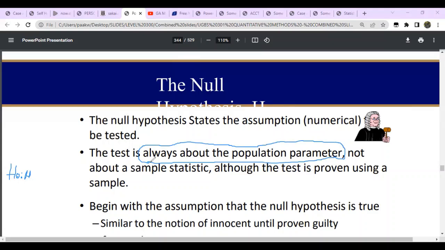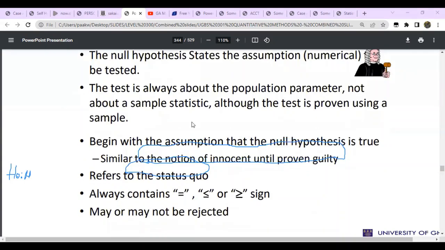That's why we represent it with mu, not X bar, not a sample statistic. The sample statistic is what you represent with S bar. So we always represent with mu, not S bar. Although we prove the null hypothesis using a sample, when you are formulating it, we just start with mu. H0 is mu, then the next thing follows.